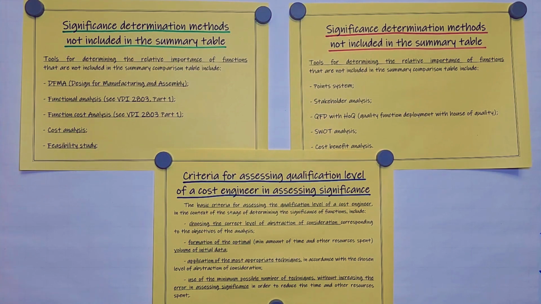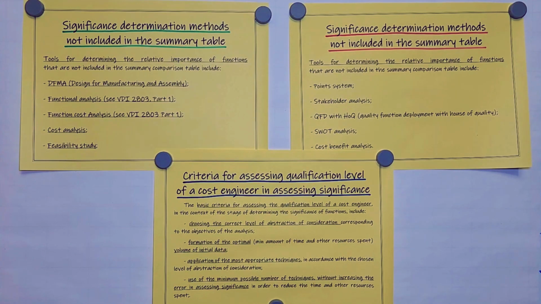For example, that we consider functional and functional cost analysis. We're talking about the VDI 2803 Part 1 standard and methods for determining significance in another standard, VDI 2808 Part 1.